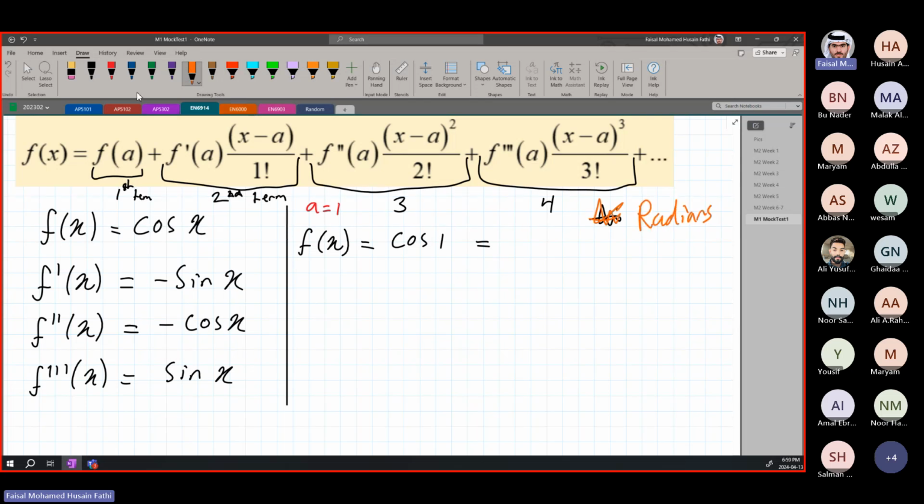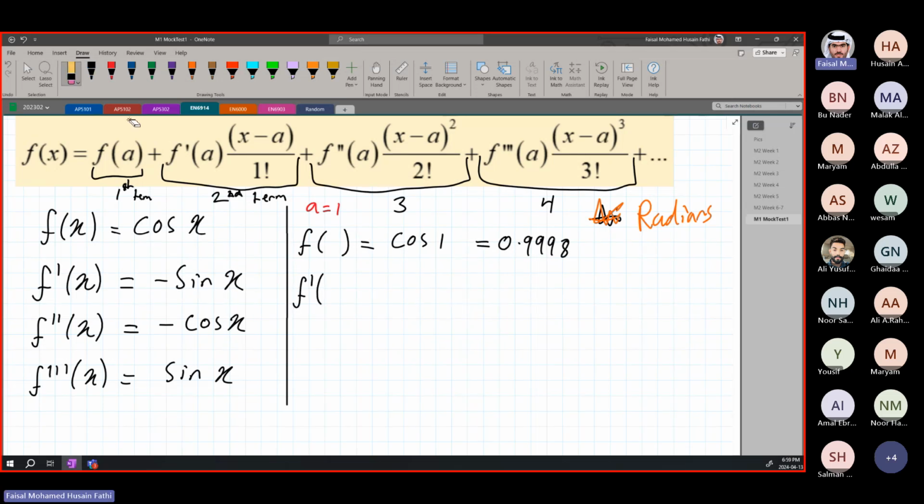Okay, when solving Taylor or Maclaurin series, keep it in radians. Your calculator has to be in radians. So cosine of 1 is equal to 0.9998.